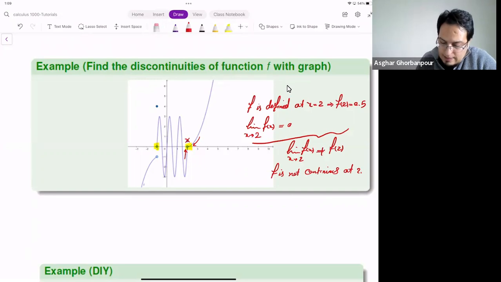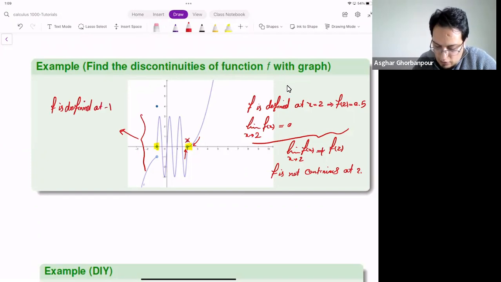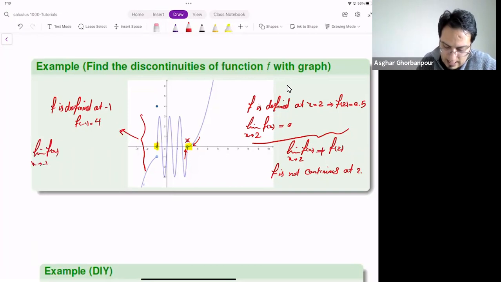How about at -1? Well, f is defined at -1. That's because when you go over the graph, above x equal to -1, there is this solid bullet which shows me that f at -1 is actually 4. When I try to study the limit of this function as x goes to -1, I notice that there are two different ways.